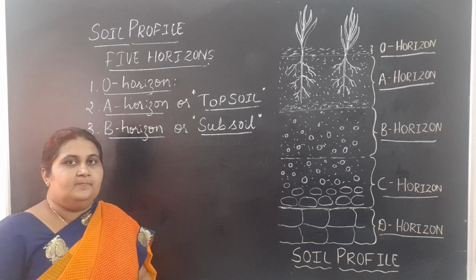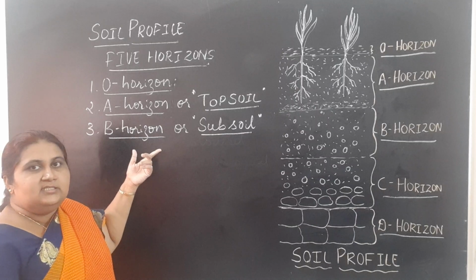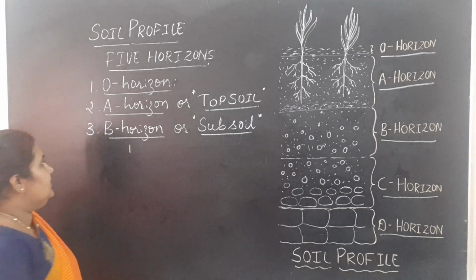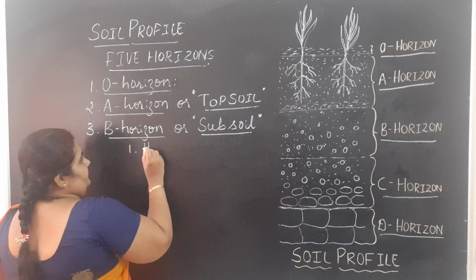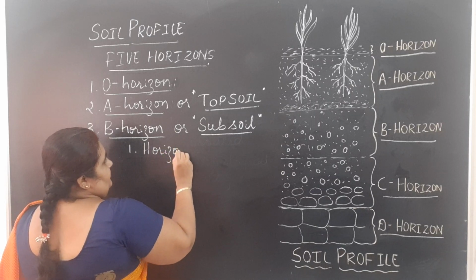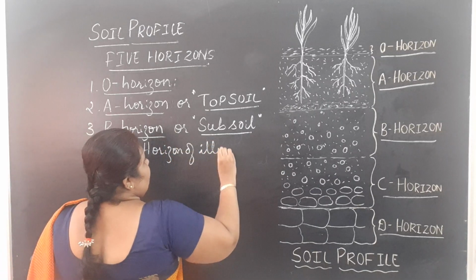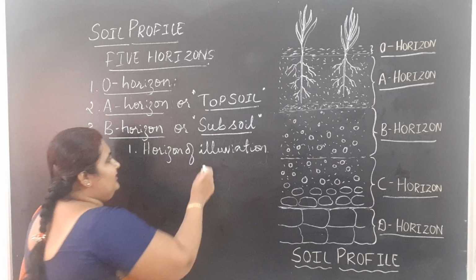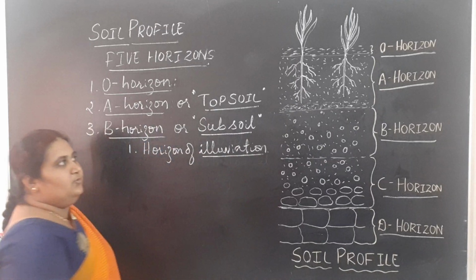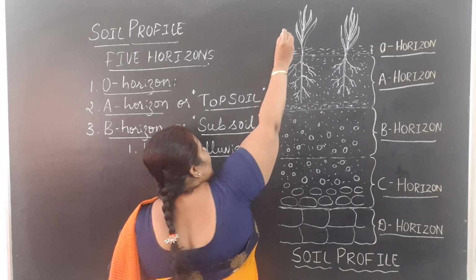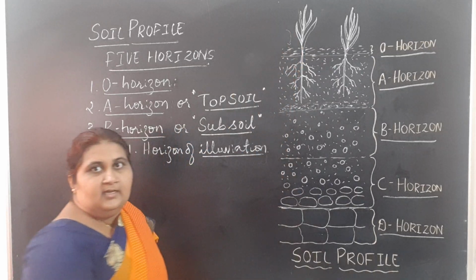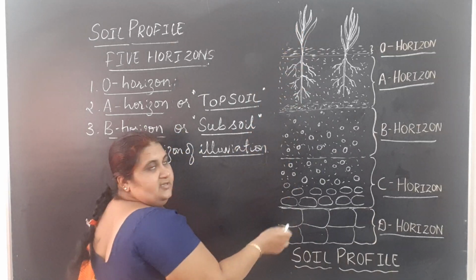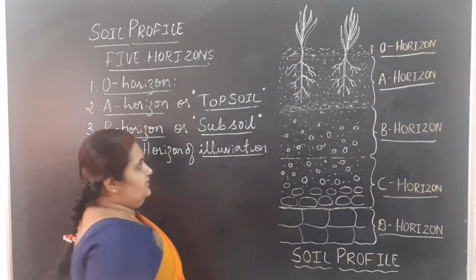B horizon, what are the characteristic features? It is a horizon of illuviation. What is illuviation? When we pour water, after irrigation, slowly water moves from one layer to another layer.